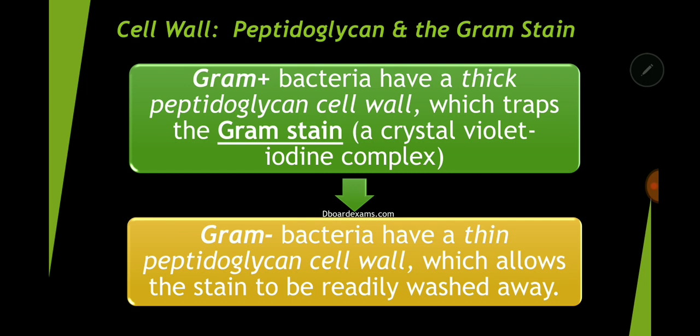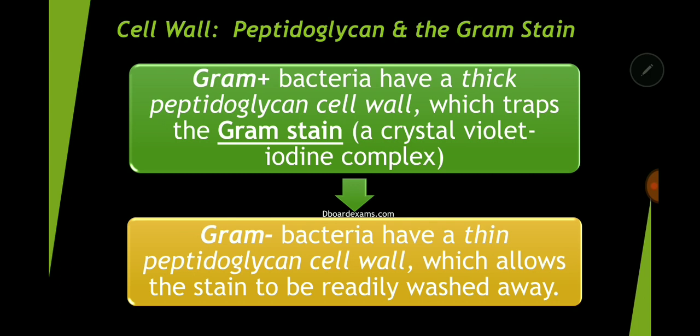So now you have to know that the peptidoglycan is mostly found in the gram positive bacteria. Gram positive bacteria have a thick peptidoglycan. Gram negatives do have it, but it's very thin. So gram positive bacteria have a thick peptidoglycan wall, which traps the gram stain. Gram stain is a crystal violet iodine complex.